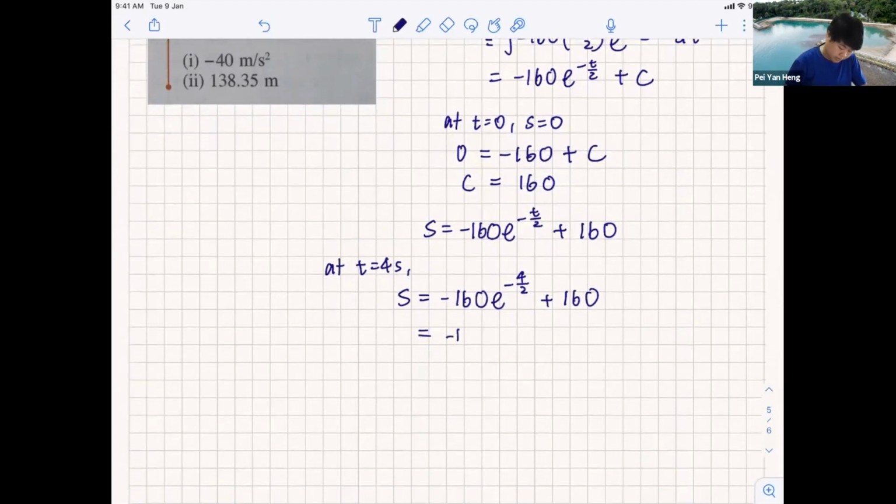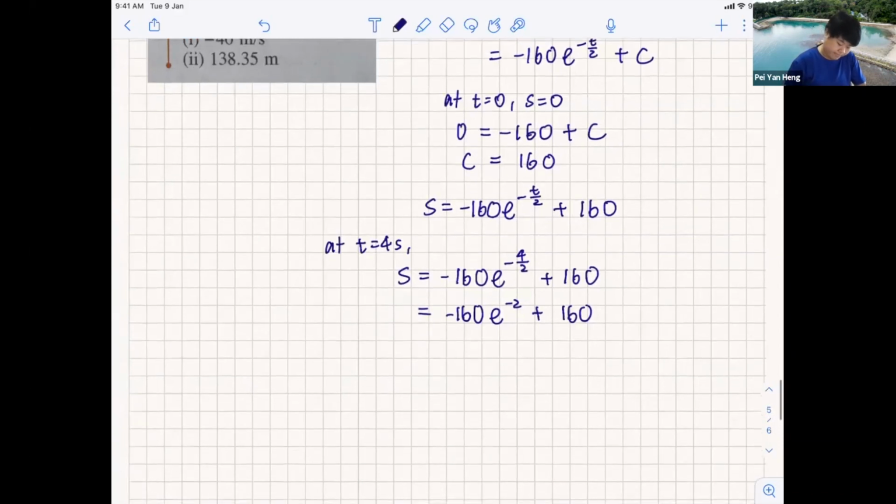It's actually minus 160 e to the power minus 2 plus 160, you will get 138.35 meters to 2 decimal places.